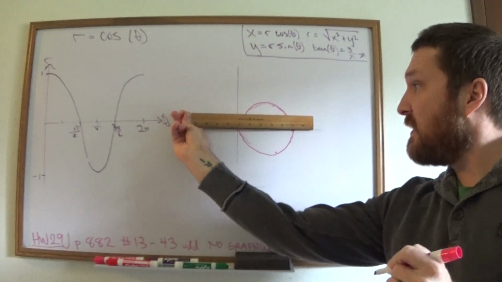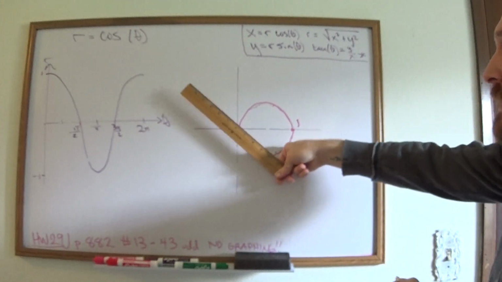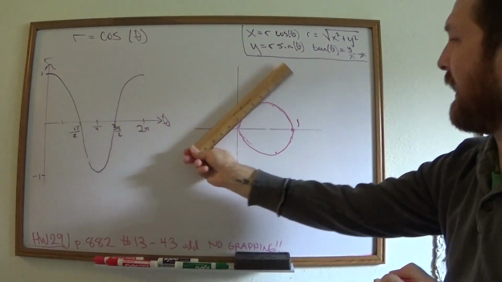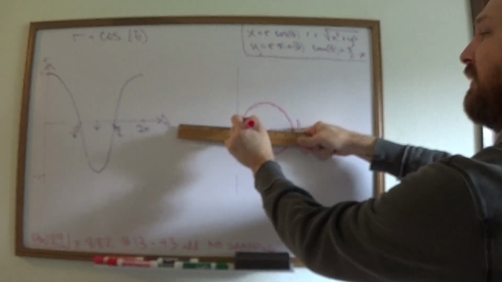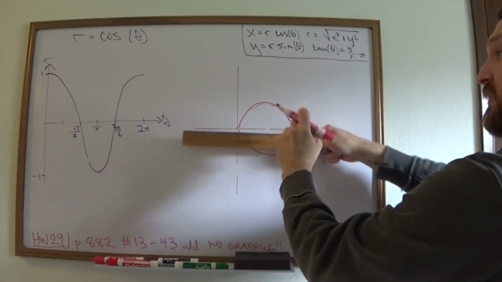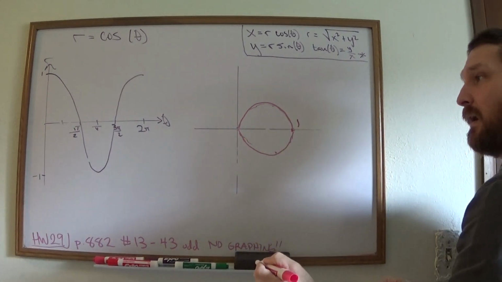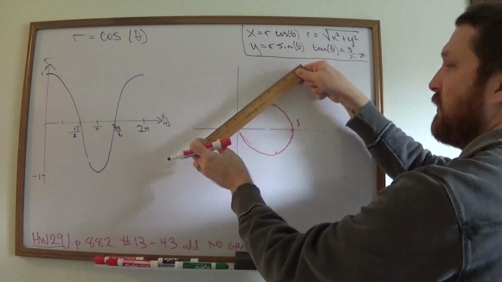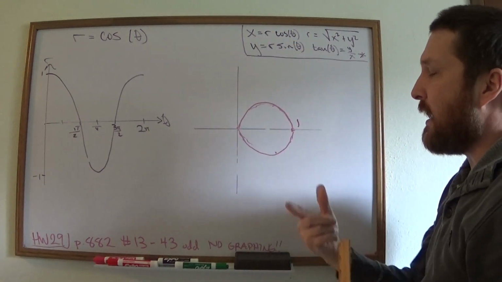And then when theta was pi, it should have been a negative 1, which means instead of going that way towards pi, we go in the opposite direction, and again, that brings us back. And then it would just continue on, and you would trace the circle around again.